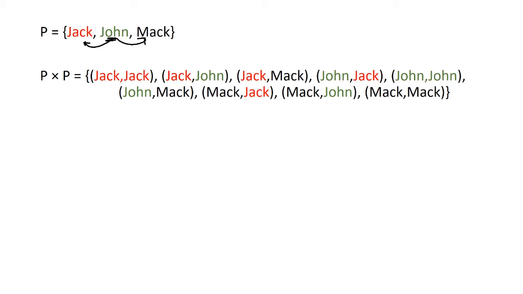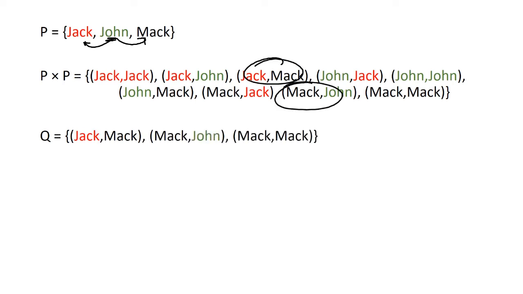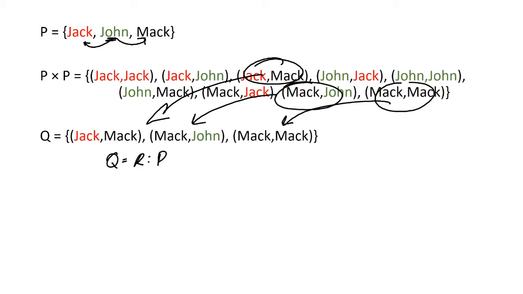And let's take another set Q = {(Jack, Mac), (Mac, John), (Mac, Mac)}. Clearly, Q is a subset of P cross P, hence I can say that Q is a relation from P to P. I can also say that Q is a relation on P.